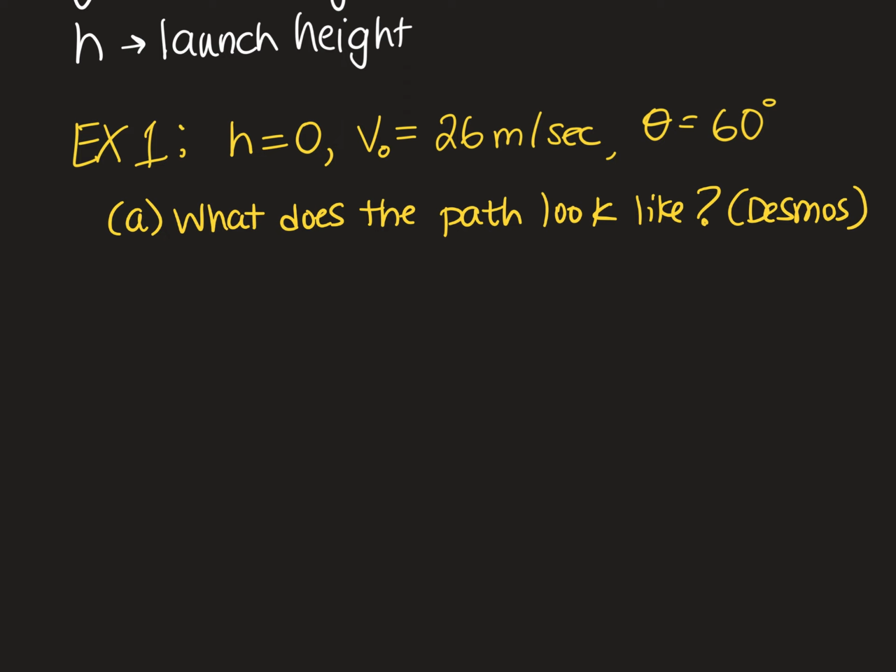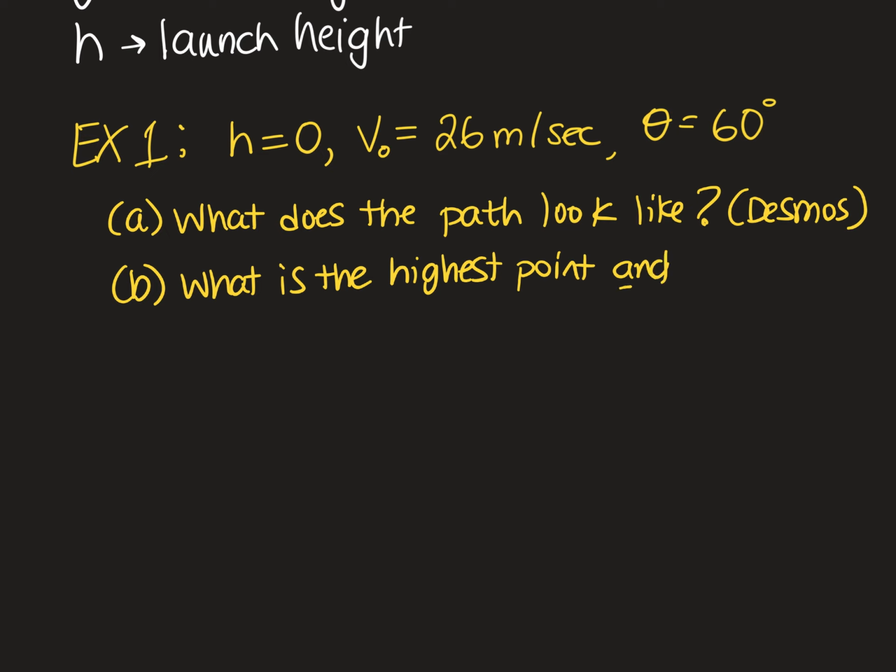All right, and our second question, what is the highest point and when is it there? So what is the highest point of this object? How high off the ground does it actually get? And when does it get there? That's what parametric equations do for us. They give us the ability to measure time as well as distance.